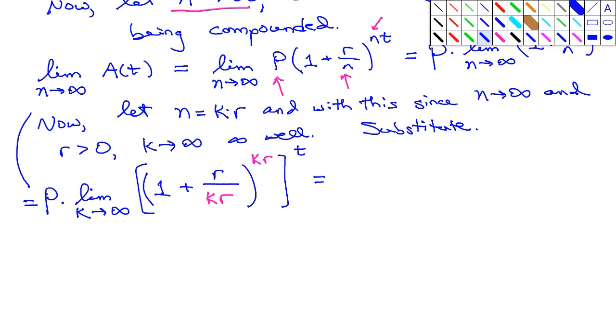All right. So now I'm just going to do a little simplifying here. So we get P times the limit as k goes to infinity of 1 plus, I had r over kr, so the r's are going to cancel, and that's going to leave 1 over k.